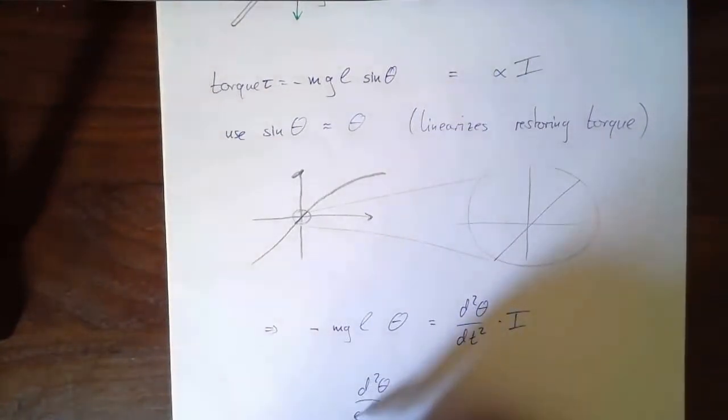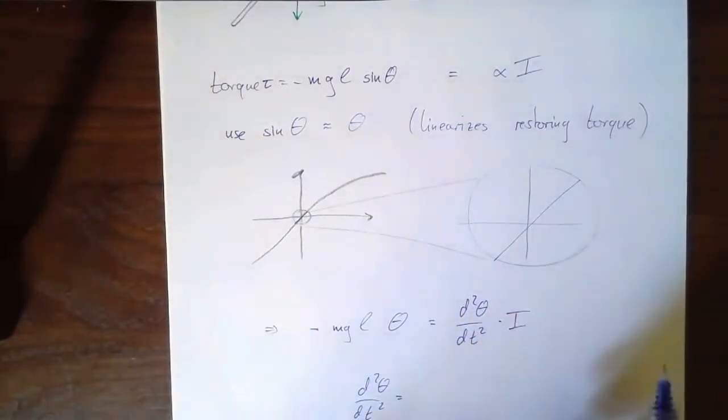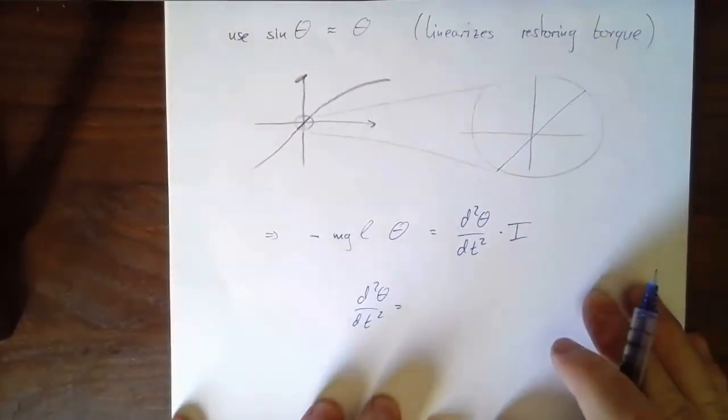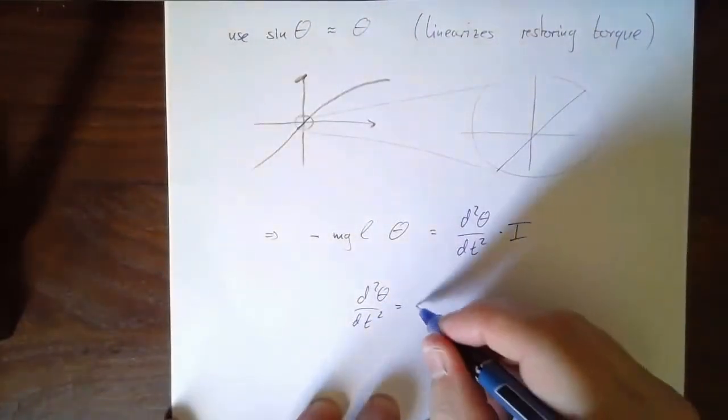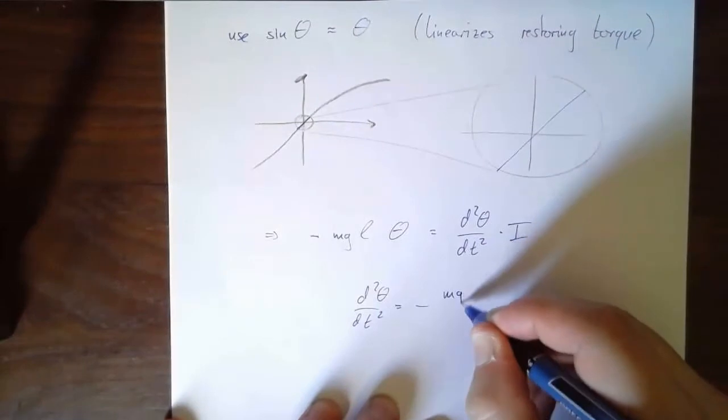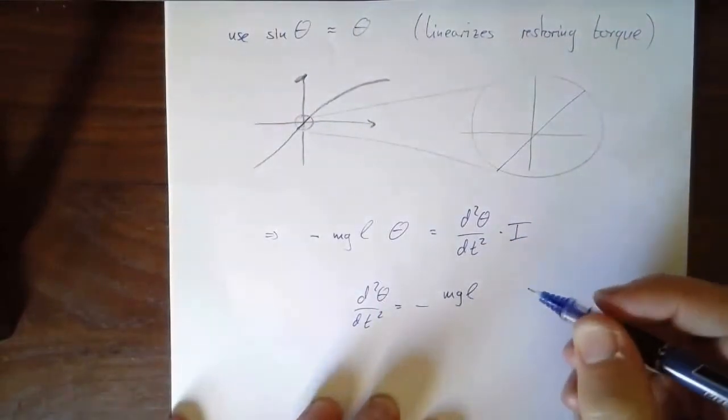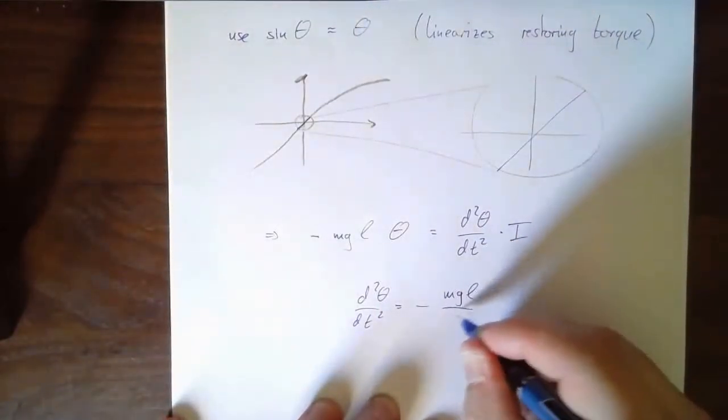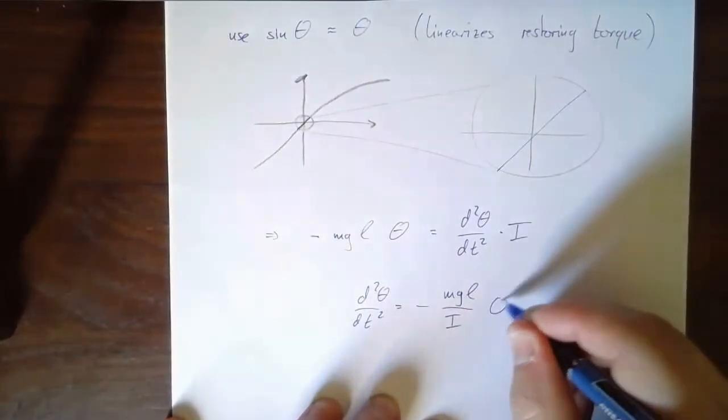I can just rearrange that. d2 theta dt squared is equal to minus mgl over I theta.